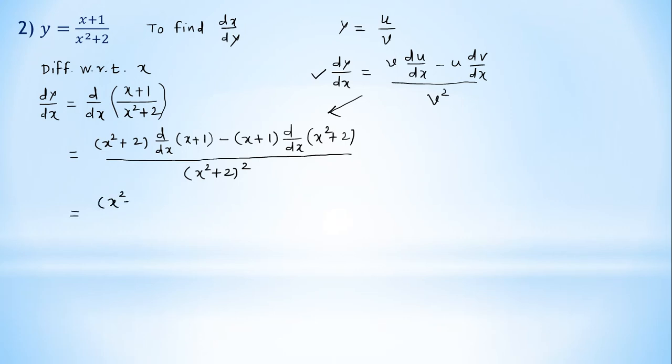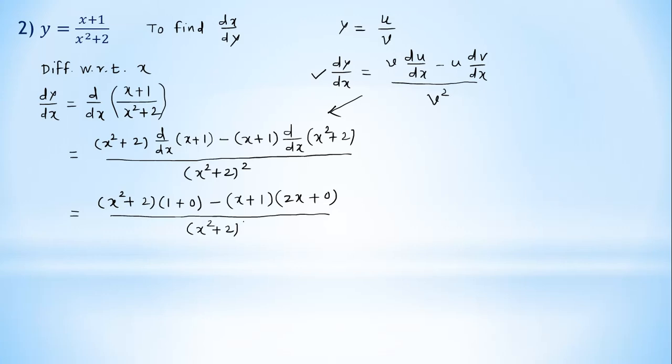So x square plus 2 as it is. Now what is the derivative of x plus 1? Derivative of x is 1 plus derivative of 1 is 0, minus here x plus 1 as it is. Now in bracket, derivative of x square is 2x plus derivative of 2 is 0, upon x square plus 2 bracket square as it is. Now solve this. Here it is 1 plus 0 means it is 1 only.